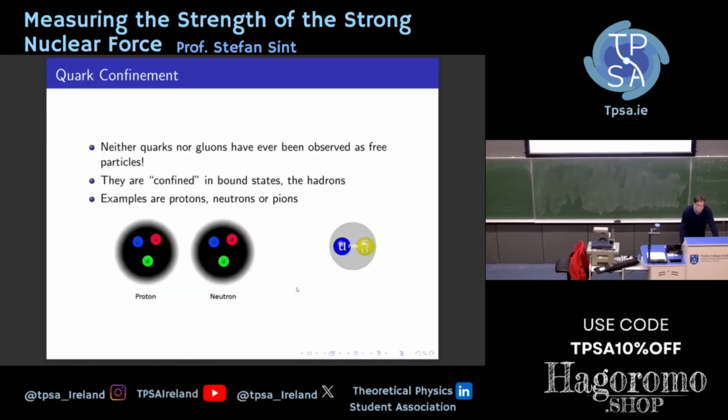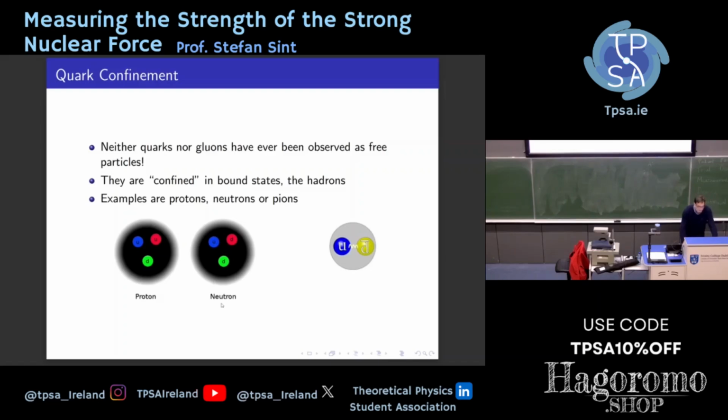So quark confinement. These additional interactions are basically responsible for the fact that we have never observed quarks or gluons in isolation. They're never observed as free particles. They're always confined in bound states, which are generically called hadrons. Examples of this are protons or neutrons or pions or pi mesons.